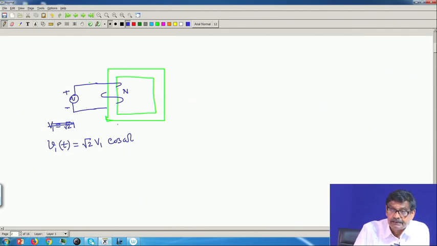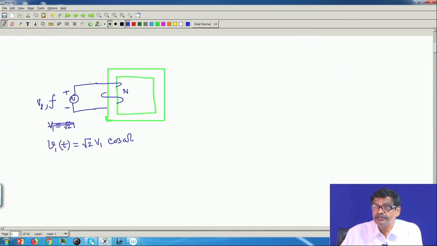But in an AC magnetic circuit, the coil is connected across an AC supply voltage of known frequency, RMS value V 1 and supply frequency f. Then first I will tell the statement: the flux in the core gets fixed.